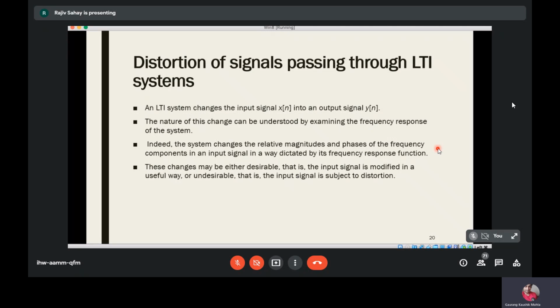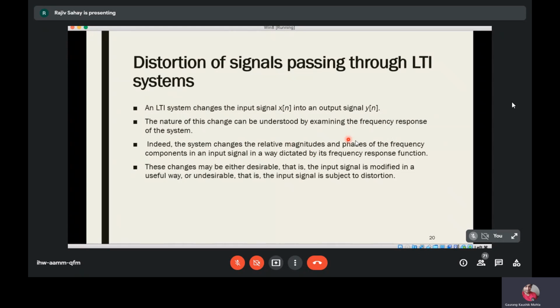All UG students, I expect you to pay attention, because I don't know whether you have been taught this in your signals and networks course, but here you should definitely learn this. An LTI system changes the input signal x[n] into an output signal y[n], and the nature of this change can be realized by looking at the frequency response H(e^jω).